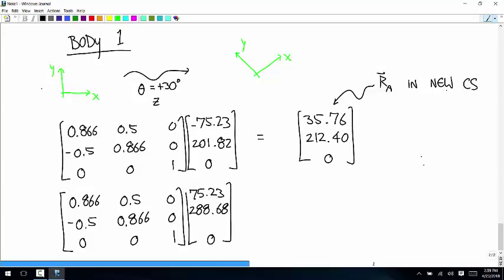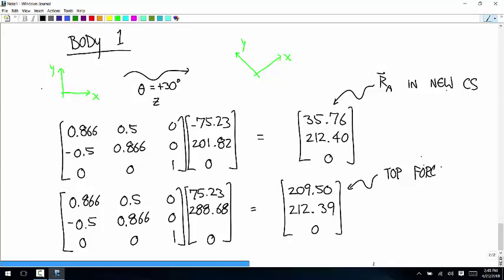Can you calculate that? Okay. Okay, 0. That's the top force vector in the new coordinate system.